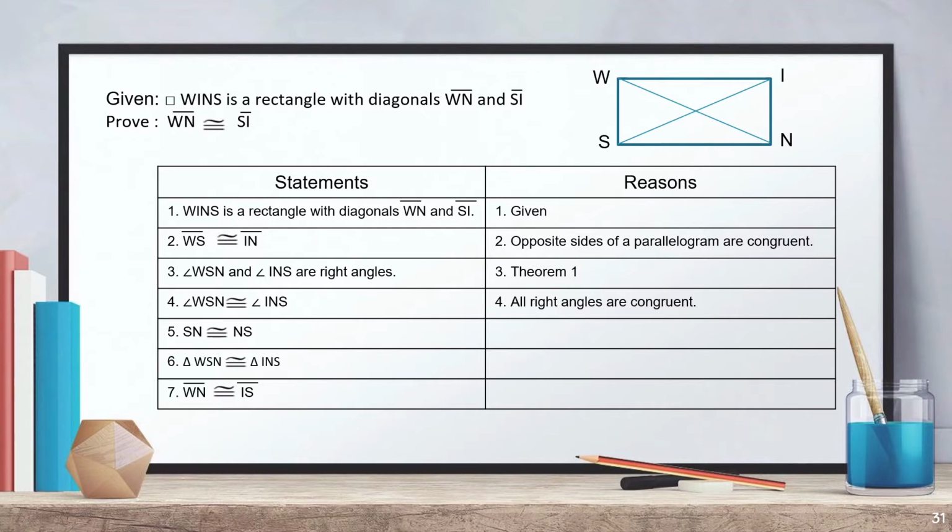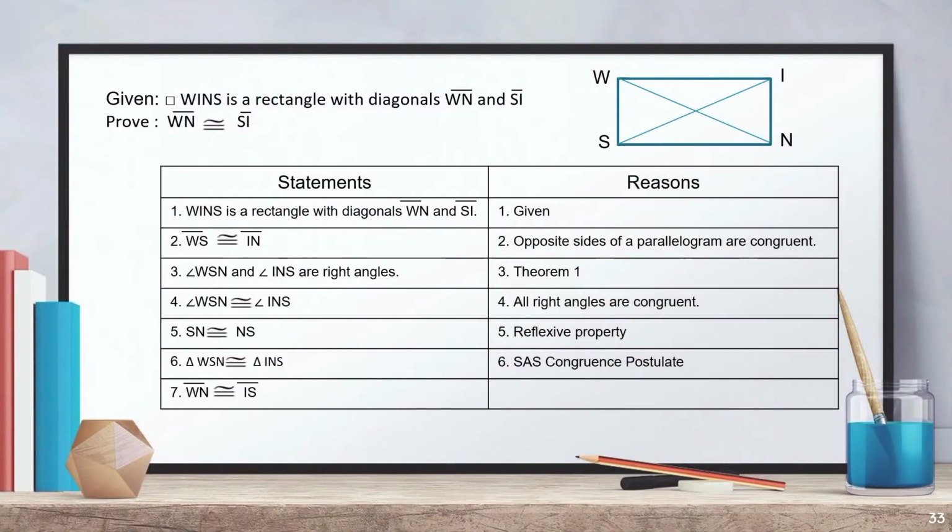Now, statement number 5, you have SN is congruent to NS. Reason, we have reflexive property. Statement number 6, it states that triangle WSN is congruent to triangle INS. Reason, we have SAS congruence postulate, side angle side congruence postulate.